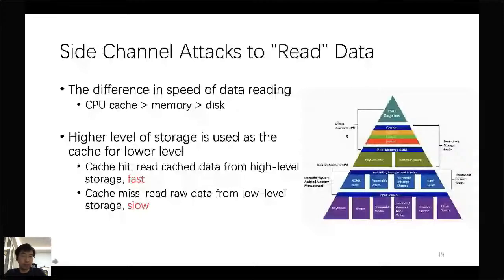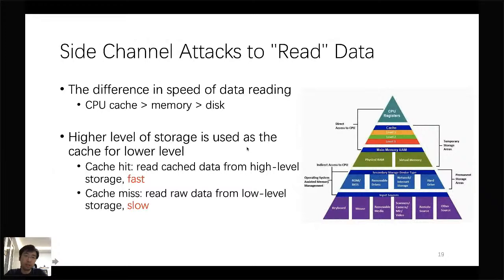For example, the CPU has its data cache, and we have the RAM, the memory, and then we have the disk, and even after the disk, we can have other devices. And the reading speed of the cache is much faster than the memory, and the memory is much faster than the disk. If you use the computer, you should know this.